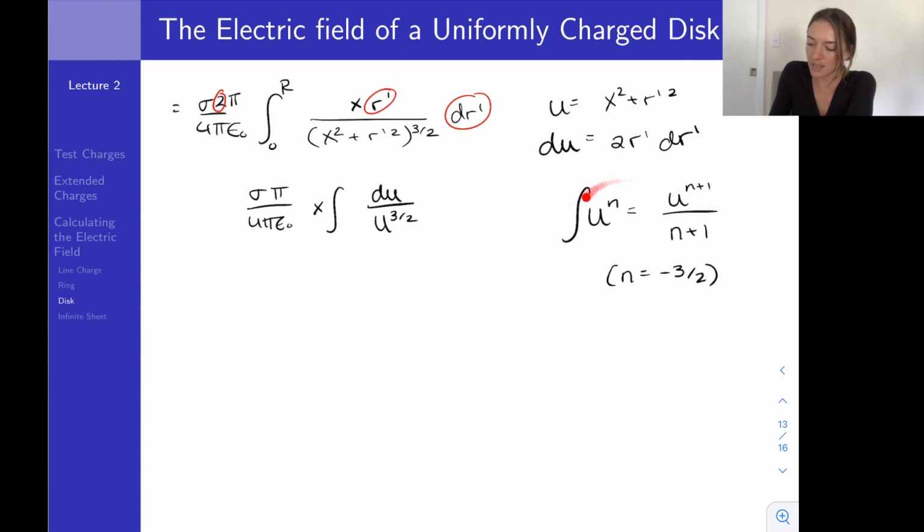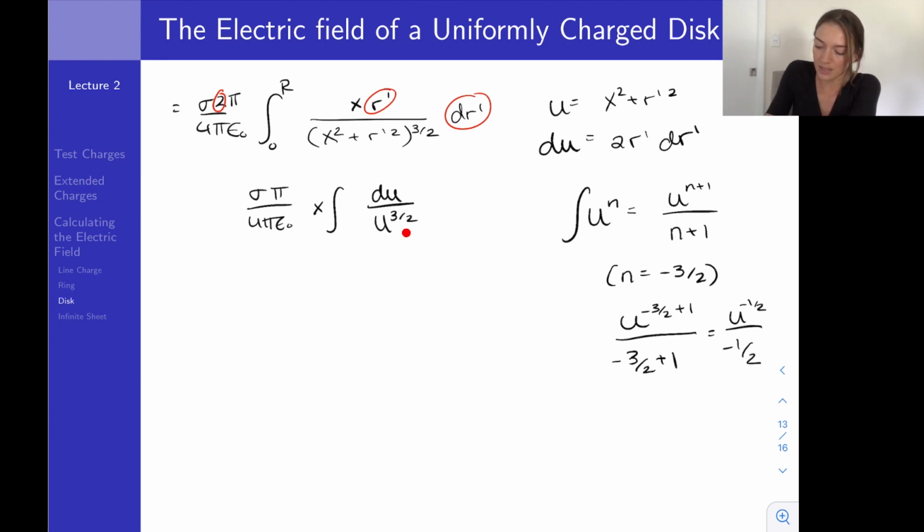So in our case here, n is negative 3/2. So when we integrate u to the negative 3/2, we just get u to the negative 3/2 plus 1, over negative 3/2 plus 1, which gives us u to the negative 1/2 over negative 1/2.